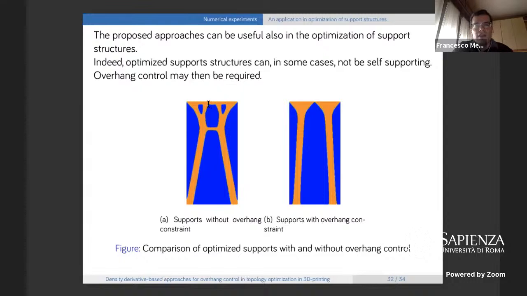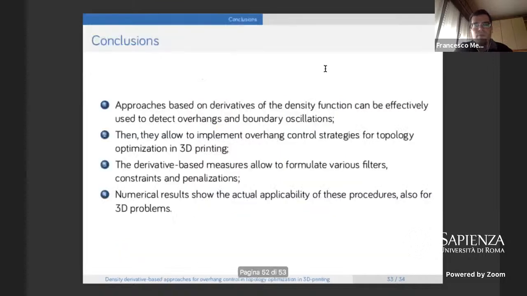And so, in these cases, as in the case represented here in the figure, it is necessary to impose some overhang constraint, like the density derivative-based approaches, which we have seen now, to ensure that the support structure is indeed self-supporting. And this is exactly what we did here on the right, where the support has been computed with also the addition of an overhang constraint.